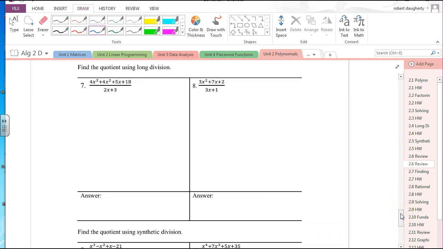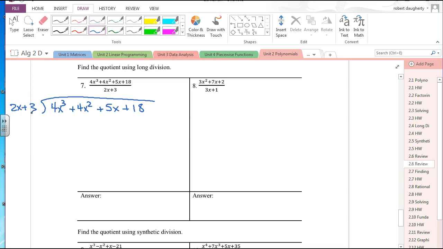Number 7, find the quotient using long division. Okay, so quotient using long division, I've got 4x cubed plus 4x squared plus 5x plus 18, and I'm dividing that by 2x plus 3.